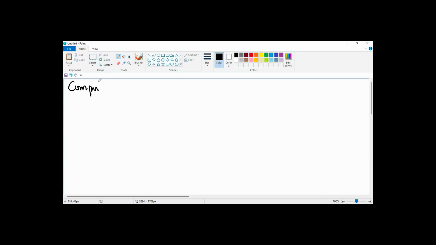Computation of tax expense for the year ended 31st March 2020.